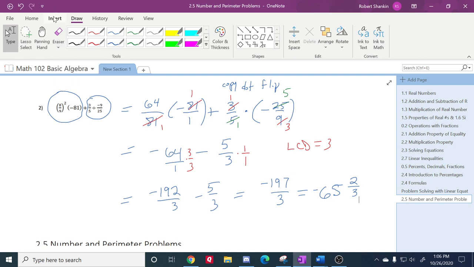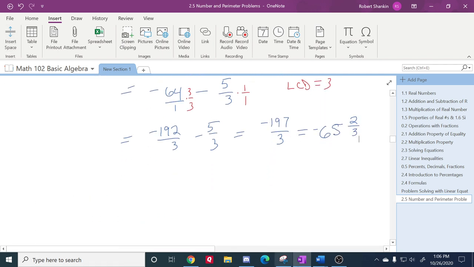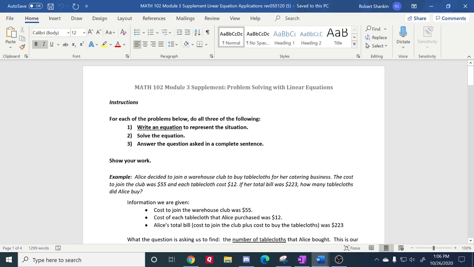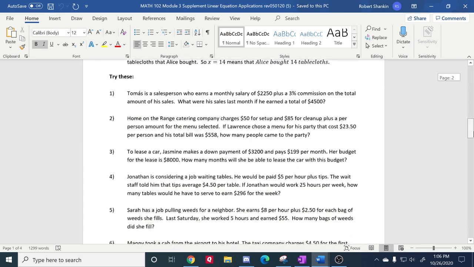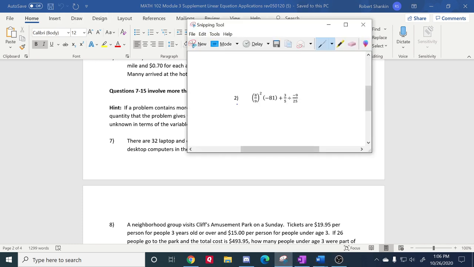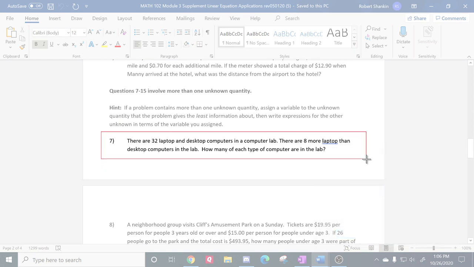All right. Other questions? Number 7 on problem solving with linear equations. Okay. Let's copy this over.